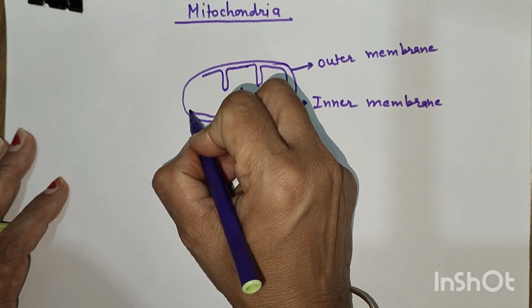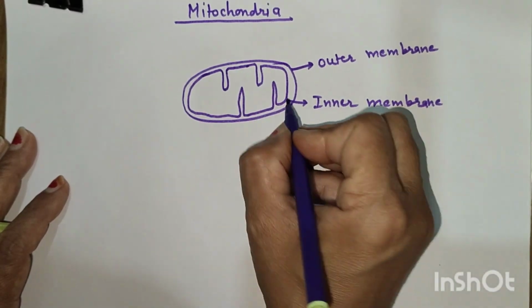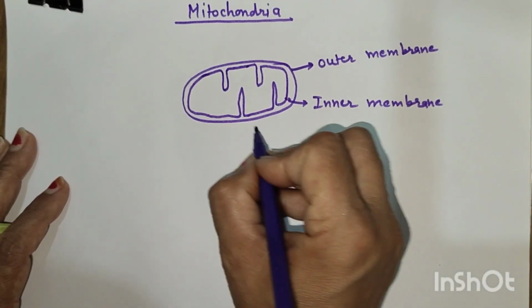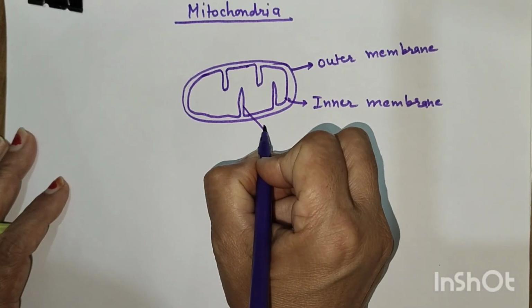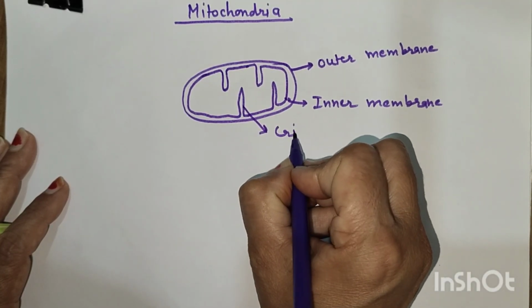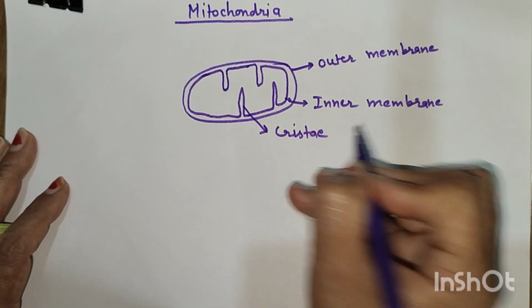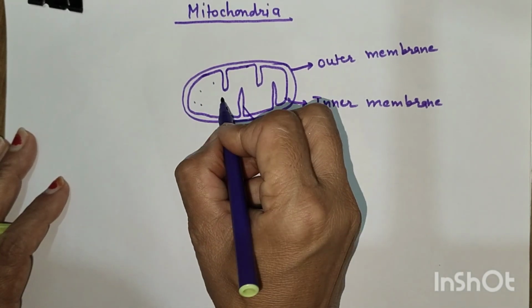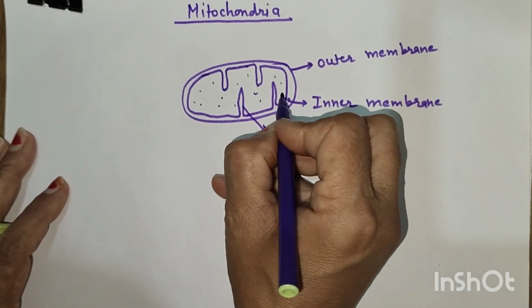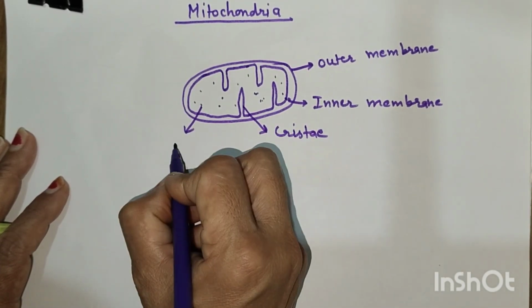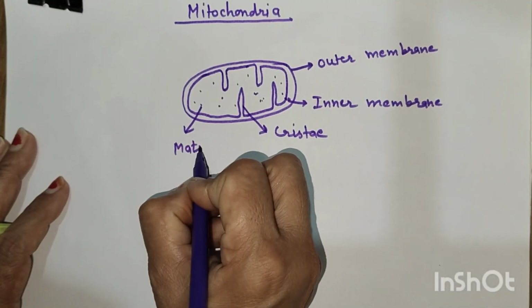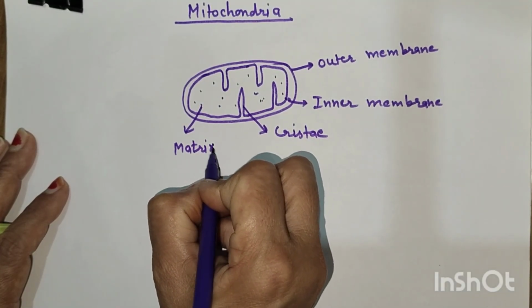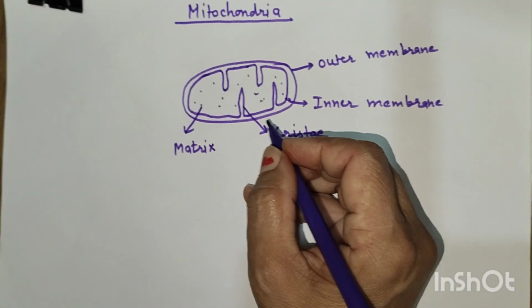This is the inner membrane. This inner membrane has finger-like projections, and these finger-like projections are called cristae. These are the cristae, and it is filled with the matrix. This is the matrix.